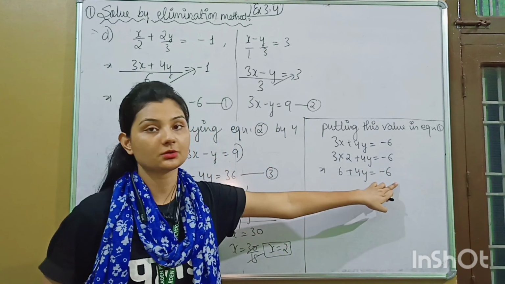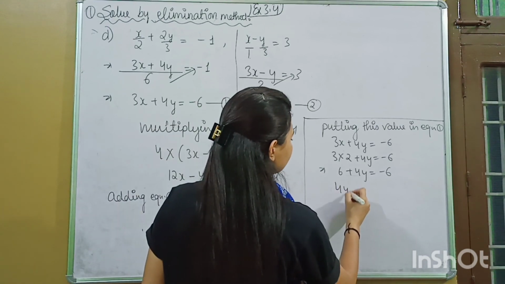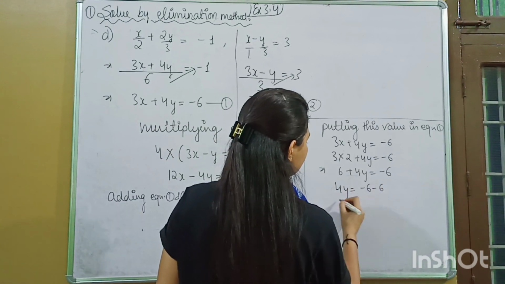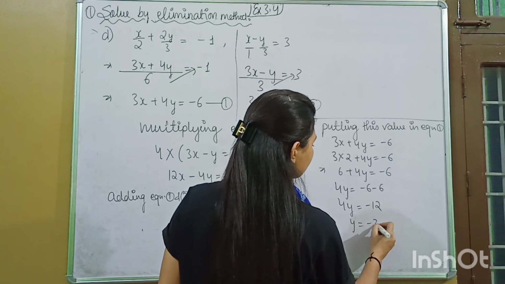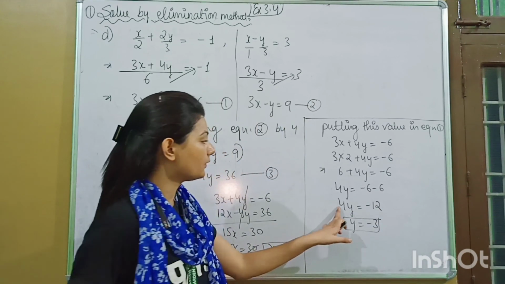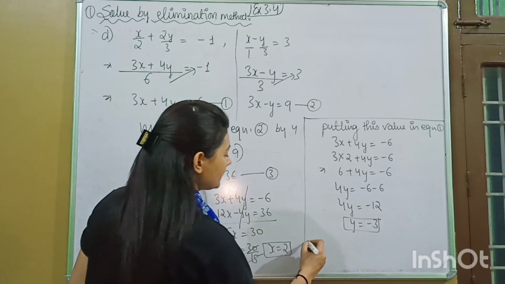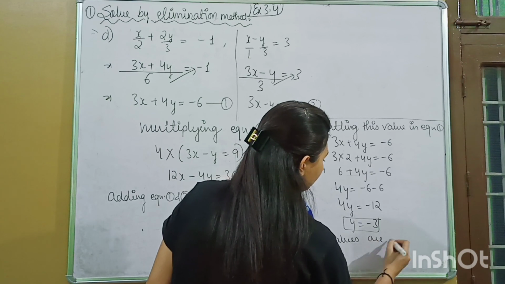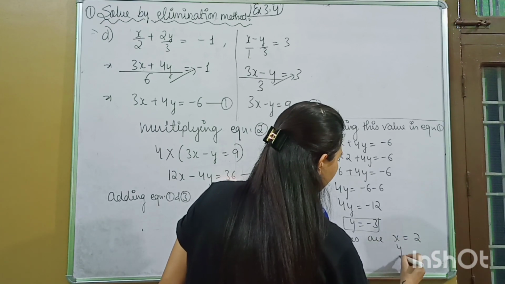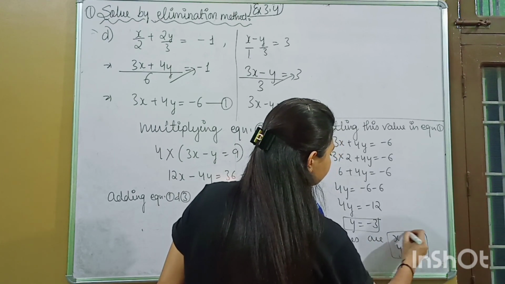Now we will take this 6 to RHS. So it will become minus 6 minus 6. That is 4y equals minus 12. So y will be equal to minus 3, because this 4 will go in the denominator here. Therefore, values are x equals 2 and y equals 3.